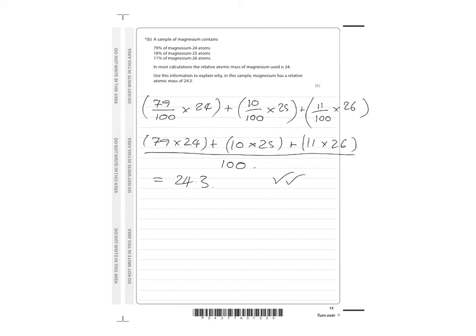That got you 3 of the possible 6 marks because you've proved by calculation that the relative atomic mass of this magnesium is 24.3.